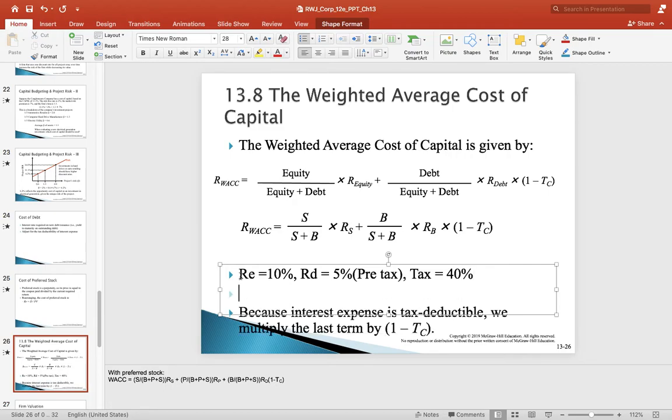The debt is $40 million, and equity is equal to $60 million. Debt is 40 million, equity is 60 million, so total asset is equal to 100 million.